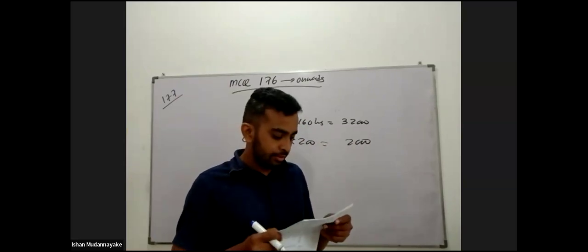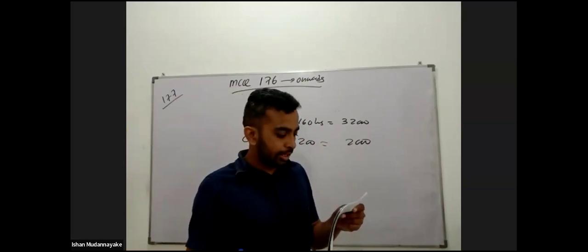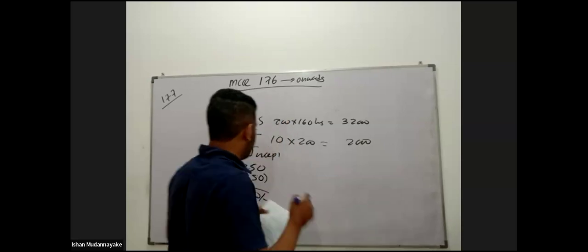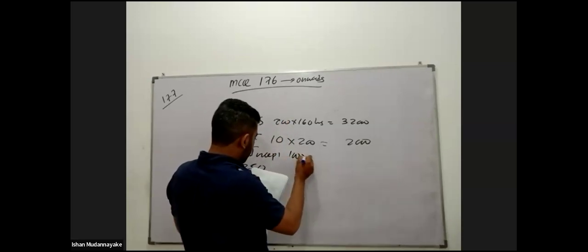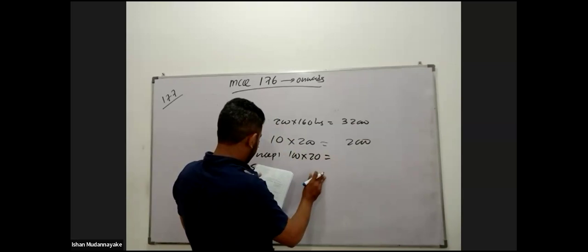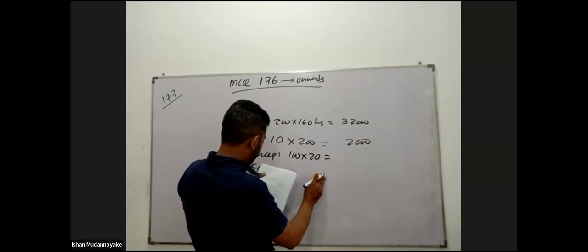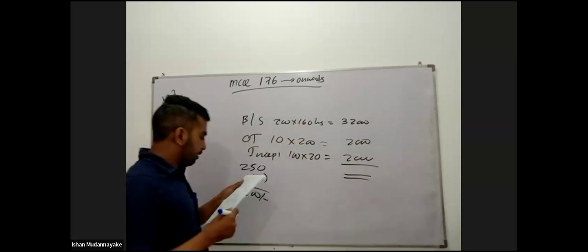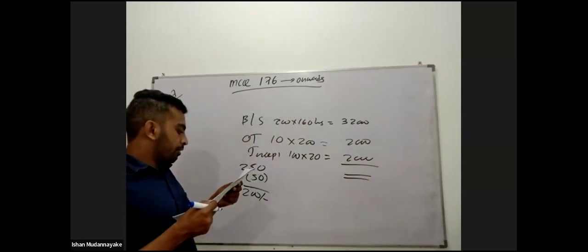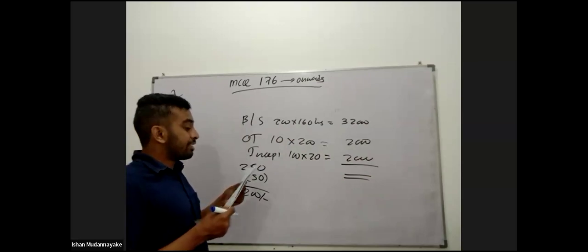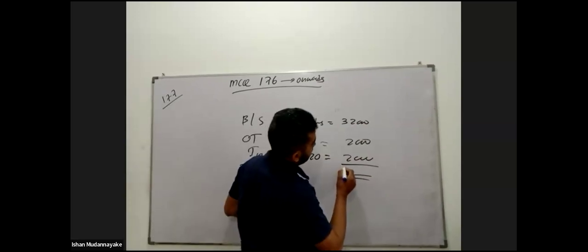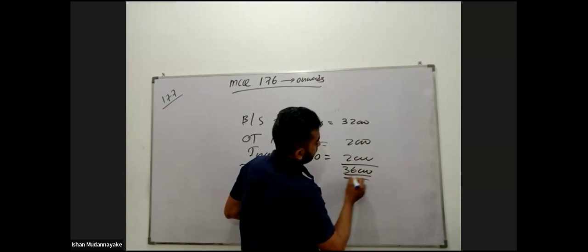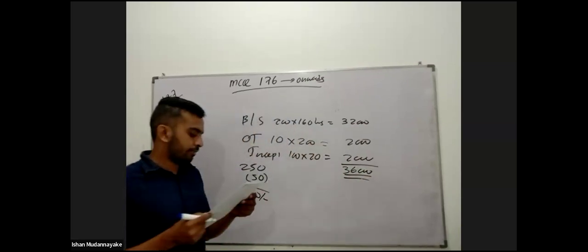But here they pay based on units. Then 100 units into 20, 2,000. Salary to be recognized as direct wages: 36,000.